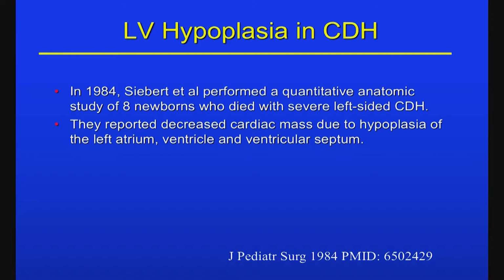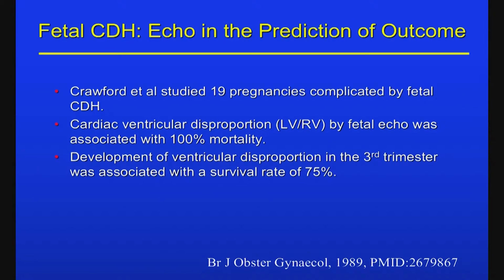Siebert reported in the Journal of Pediatric Surgery in '84 that in 8 newborns who died with severe left-sided CDH, they had decreased cardiac mass due to hypoplasia of the left atrium, ventricle, and ventricular septum. So we focus on the pulmonary vascular component and on the pulmonary hypoplasia, but increasingly there's evidence that the LV plays a critical role as well.